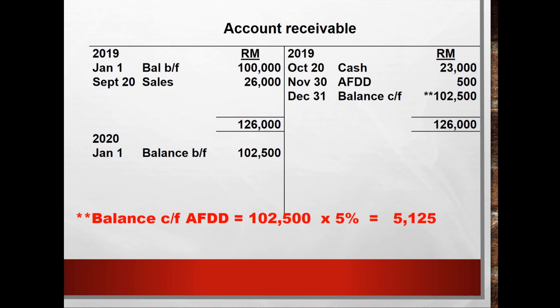And on 30th of November, write off account receivable using the allowance method. So debit allowance for doubtful debt and credit account receivable. So you have to balance the total amount of the debit side and the total amount of the credit side with the same amount.